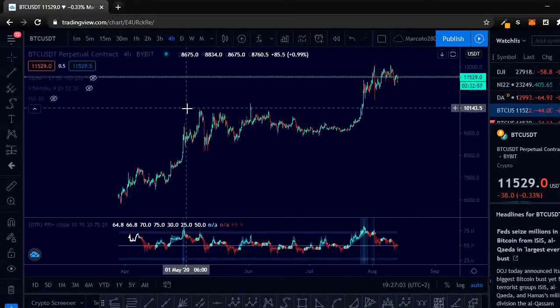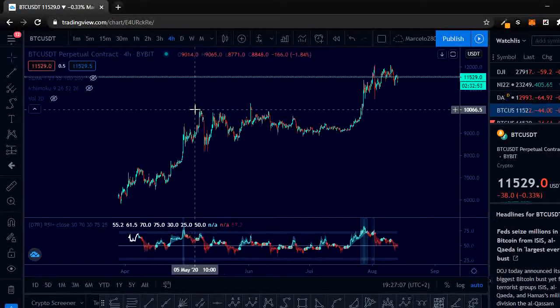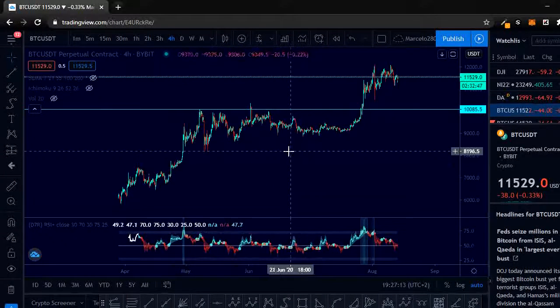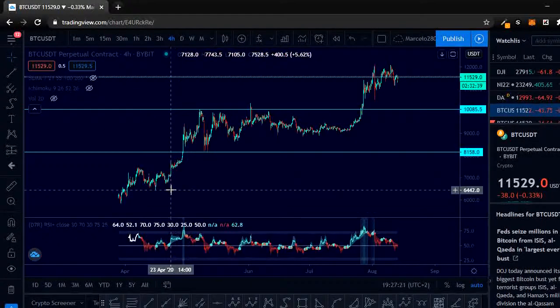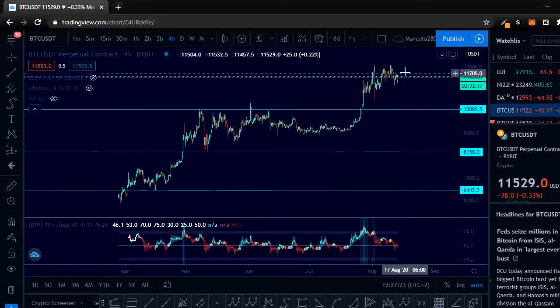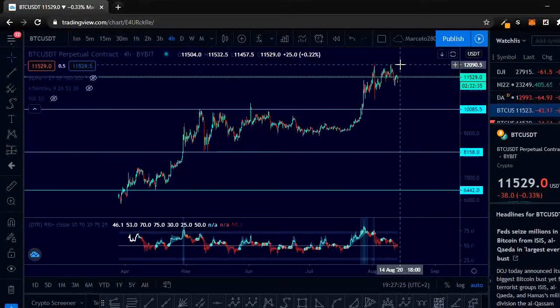So if I want to have a straight line on this top over here, I just point to it and I go Alt H on my keyboard. If I want to put a straight line over here, I go Alt H over here. If I want to put another one over here, Alt H here, and another one over there, Alt H there.